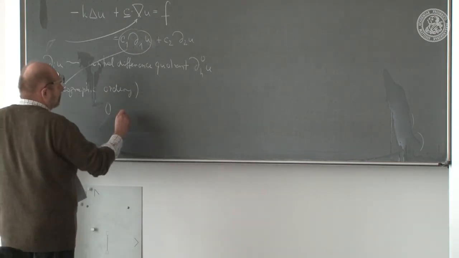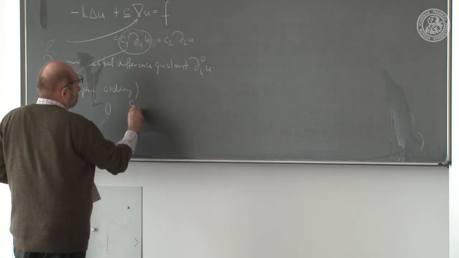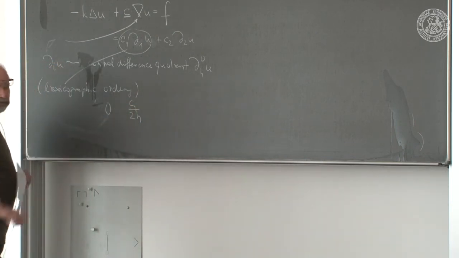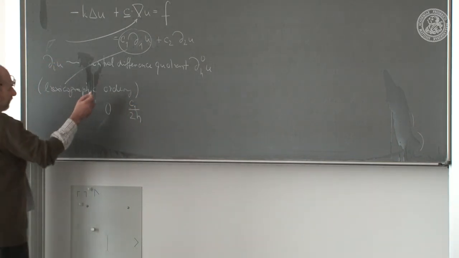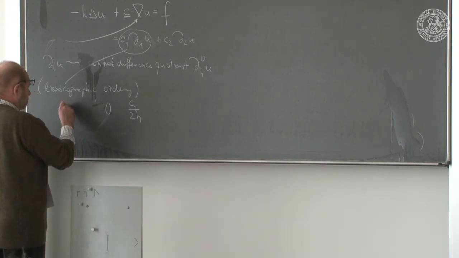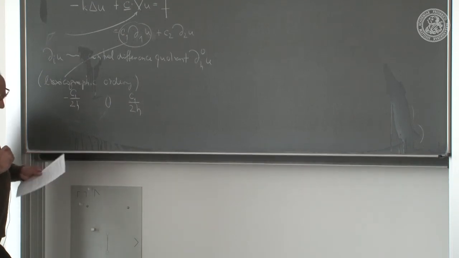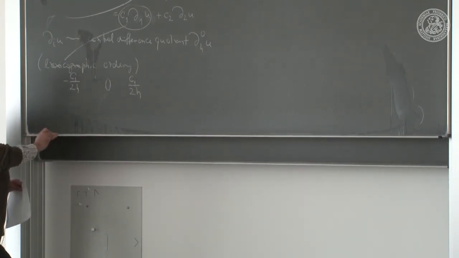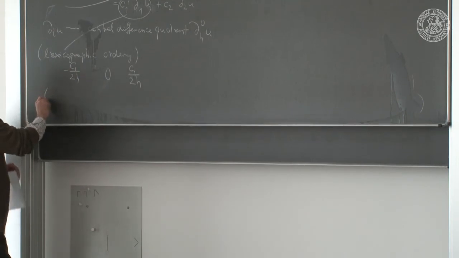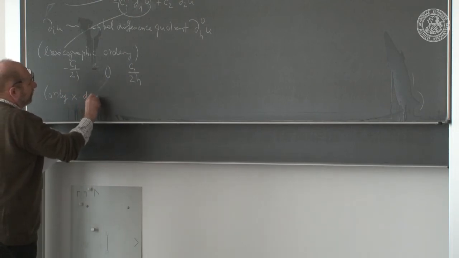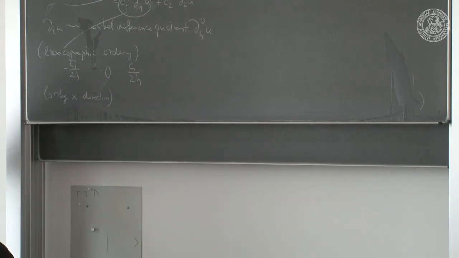And then we get a C1 over 2H, stepping 1 in the plus direction, and we get a minus C1 over 2H stepping in the other direction. You agree? So now we add what we have from the diffusive part. So this is only the x direction. You have the same thing for the y direction. That will turn out exactly the same thing.